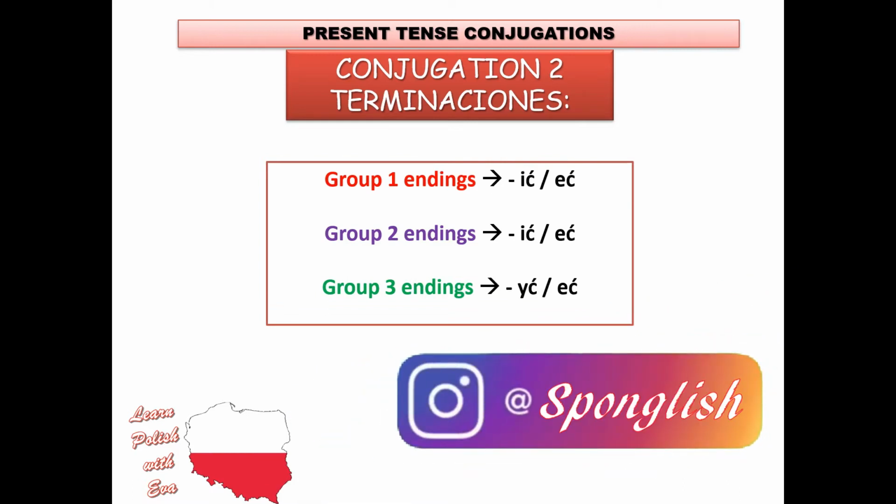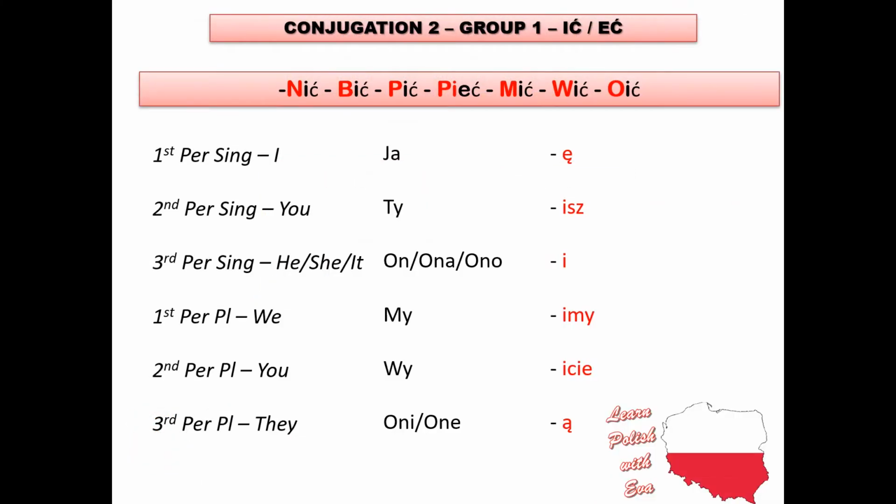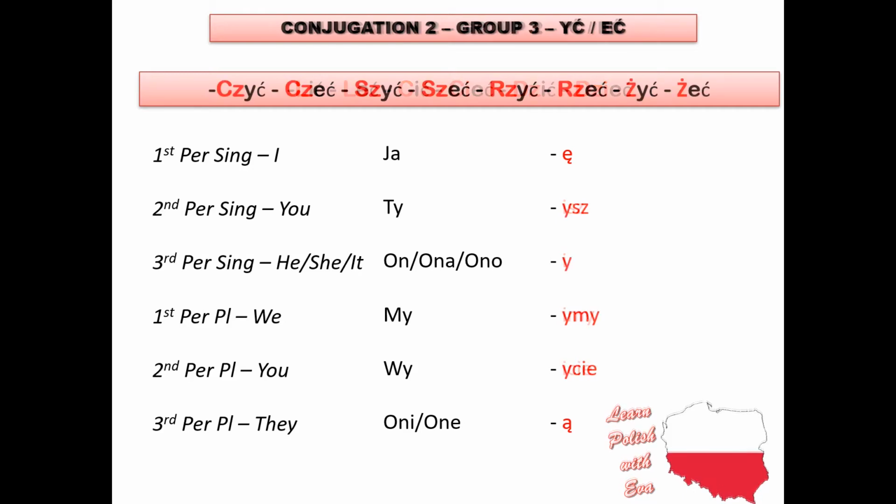So a quick recap: group 1 had its endings, and we recognized this group by these preceding letters marked in red, whereas group 2 was recognized by these red letters preceding the endings, which were exactly the same as in group 1, whereas group 3 had different endings, and here we had a lot of different endings to recognize this group.